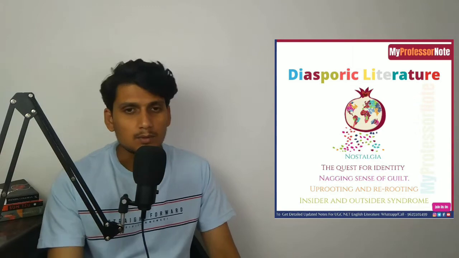Before, they were living in Kashmir, then they come to Agra, then Delhi, then Bombay, then go back to Pakistan, then Dhaka, Bangladesh. So from one place to another. This is what makes a novel a diasporic work.